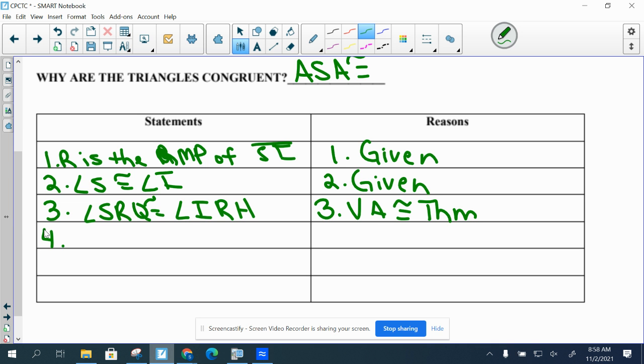And then with the midpoint, remember how whenever we're given that something is a midpoint, what are we going to use with that?